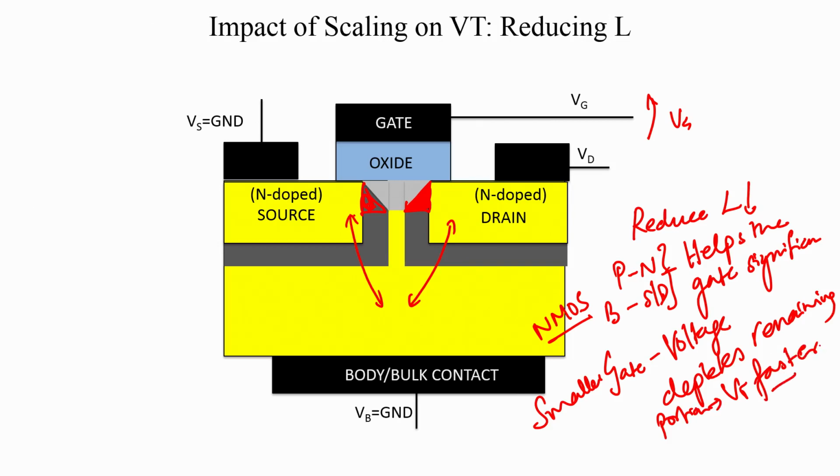So, in other words, you need to add a lot less charge on the gate in order to completely deplete this entire region and head towards inversion.